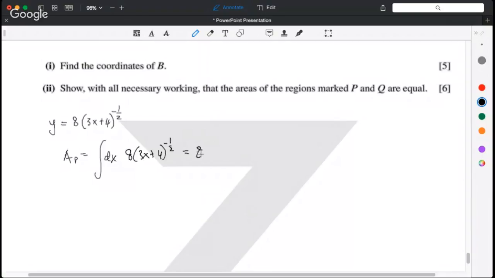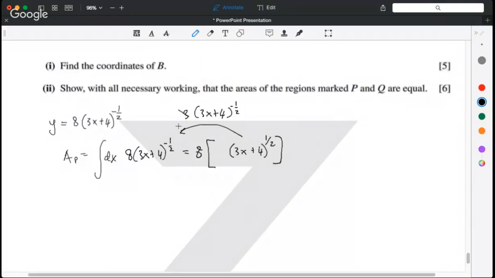So let's pull the 8 out first. And now imagine that I started with just 3x plus 4 to the 1/2. Well, when I differentiated this guy, I would have got 3x plus 4 to the -1/2. This is chain rule, times the derivative of whatever is inside, which in this case is 3, so it'll be 3.